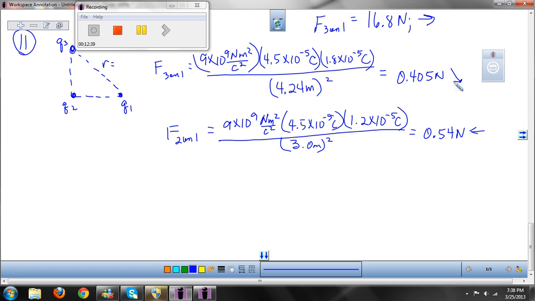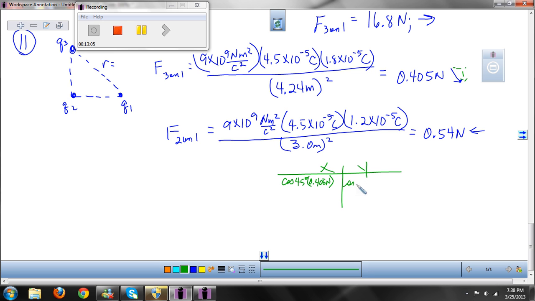And then I said, well, this one really has an X component and a Y component. And so I made my XY chart. And I used sines and cosines. And if you don't remember how to do that, you might want to go back over it. So I said the cosine of 45 degrees times 0.405.